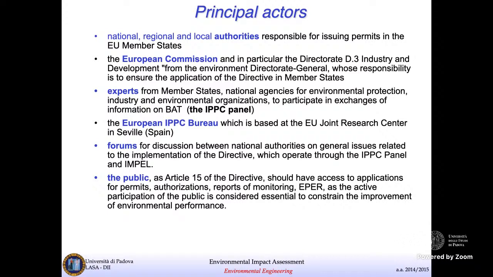Then there are forums for discussion between national authorities on general issues related to the implementation of the directive, which operates through the IPPC panel and IMPEL panel. The public, as always in this sector, as Article 15 of the directive explicitly demands, should have access to applications for permits, authorizations, and reports of monitoring, as the active participation of the public is considered essential to constrain the improvement of environmental performance.